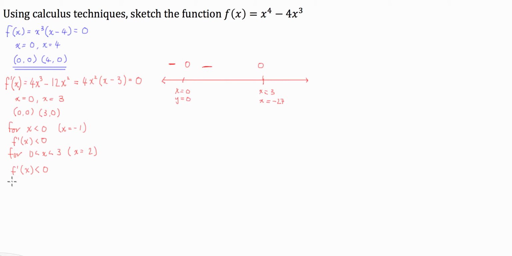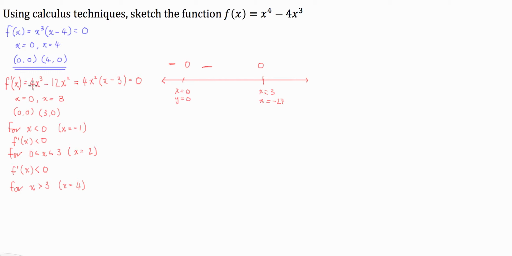Now let's do x greater than 3. Cool. So for x greater than 3, now if we put 4 into the first derivative function, we get 4 cubed, or 4 times 4 is 16, times 4 is 64.